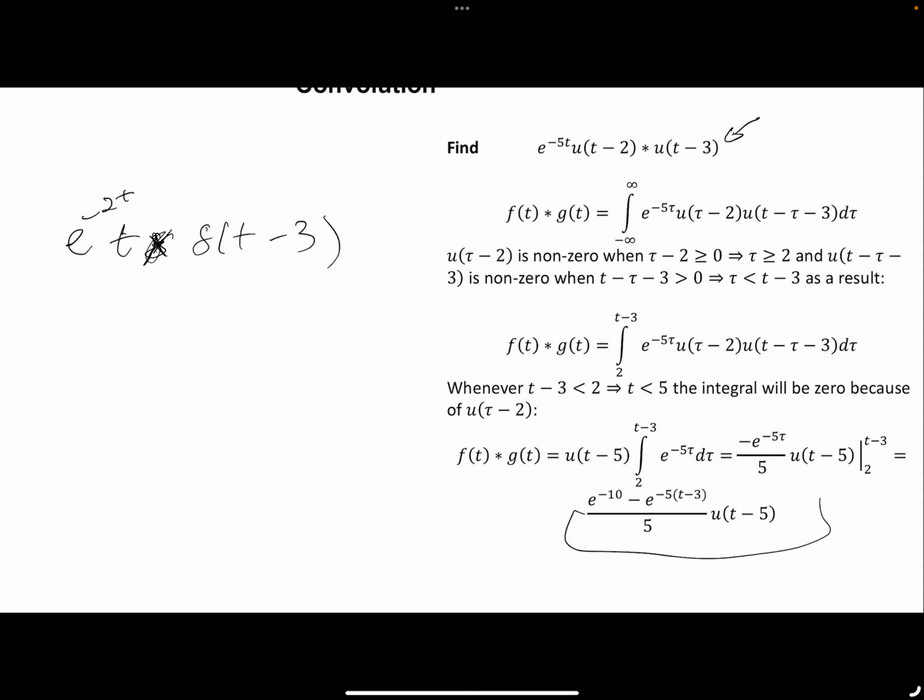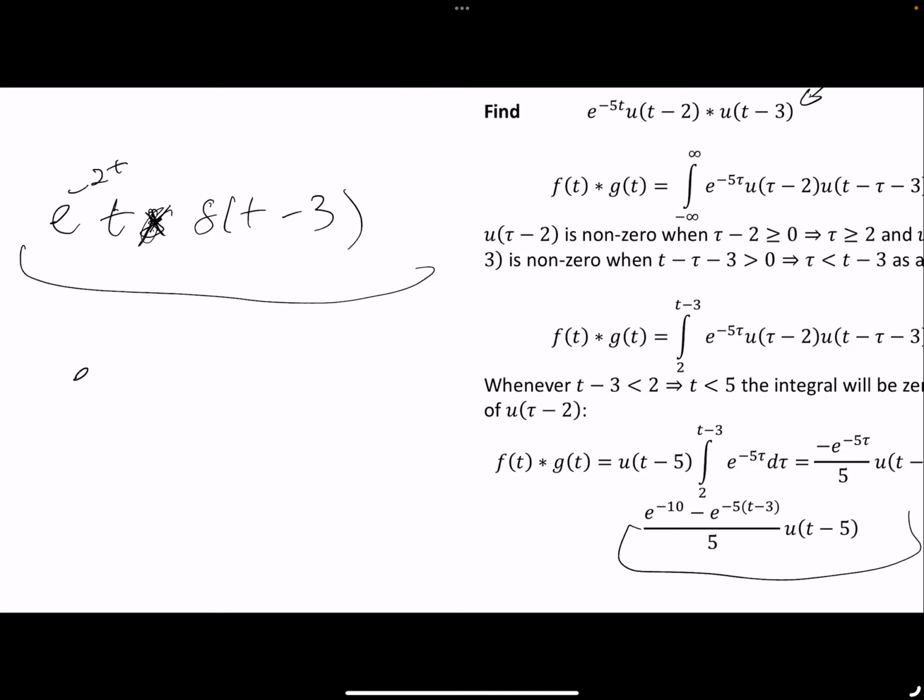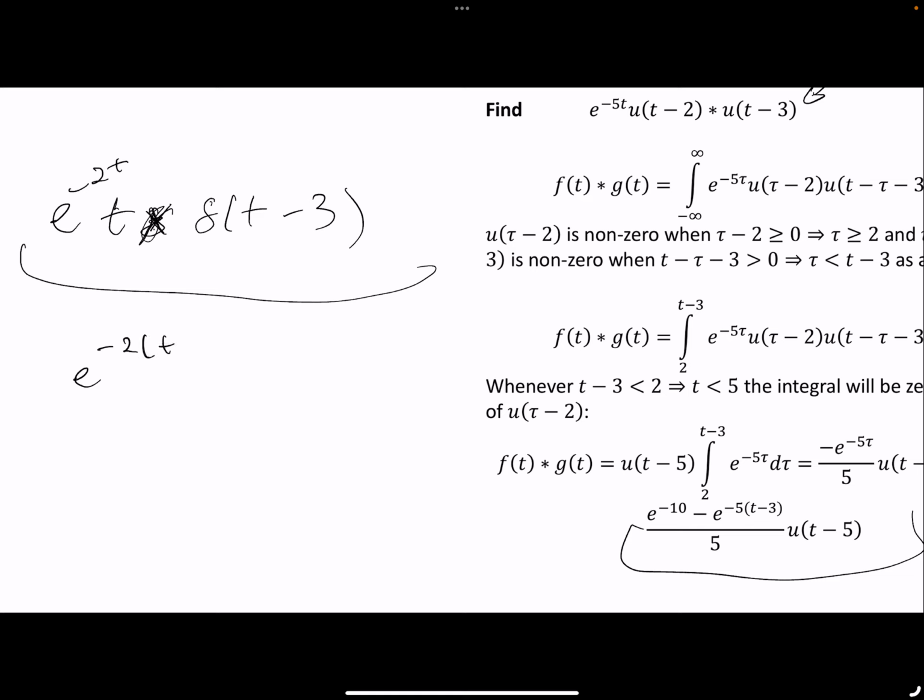Oh yeah, so what's this convolution? Can anyone tell me what I have to do to all of the t's? Yeah, so this is just e to the -2(t minus 3). Just remember always to put the t minus 3 in parentheses because the answer is actually e to the -2t plus 6.